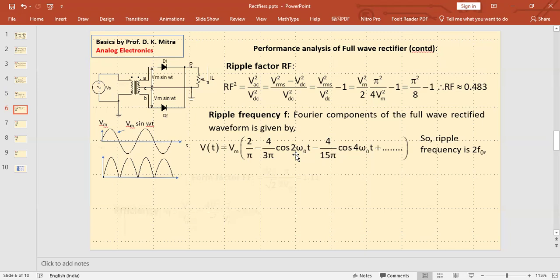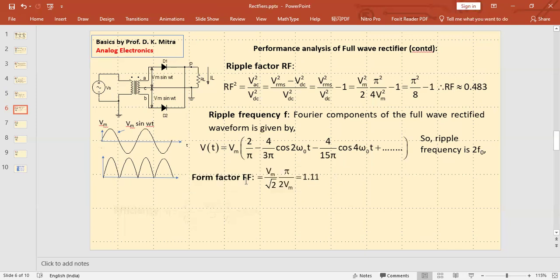That makes filtering of it very much easy. As I said in my last class, the lower the frequency that you want to filter, the more difficult is the filter design. So remember this point, the ripple frequency of full wave rectifier is 2F0.